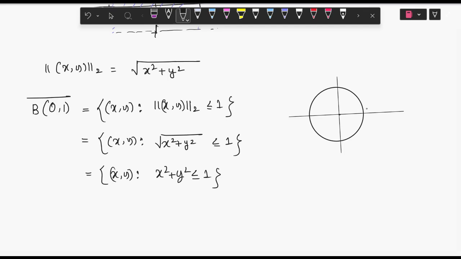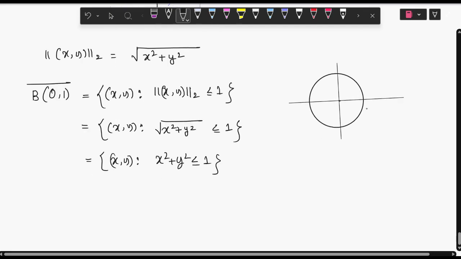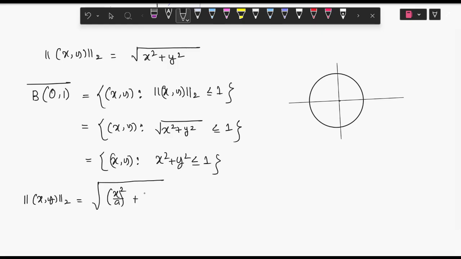Again, now we will scale this so that this circle changes to an ellipse. How are we scaling it? We are just changing this L2 norm in this form: the norm of (x, y) is equal to the square root of (x by a) whole square plus (y by b) whole square, where I am taking a not equal to b, positive real numbers or real numbers.